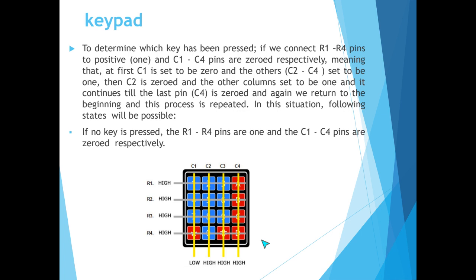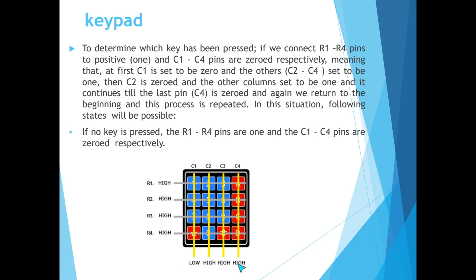Then I write code to create 0 respectively for each of these columns, meaning that the C1 up to C4 pins become 0 respectively. At first C1 becomes 0, then C2 becomes 0, then C3, and then C4.